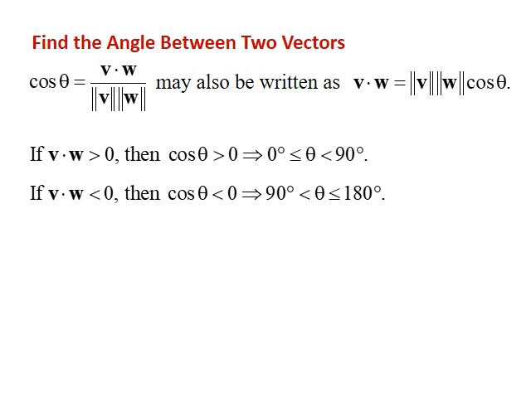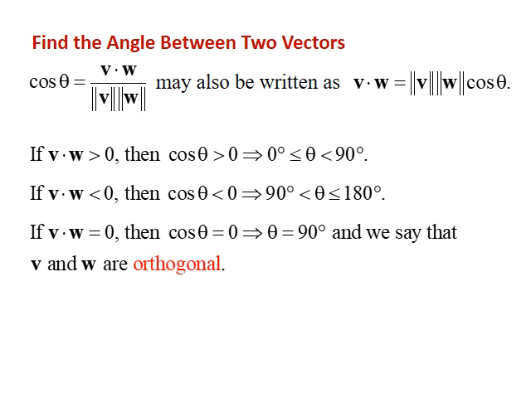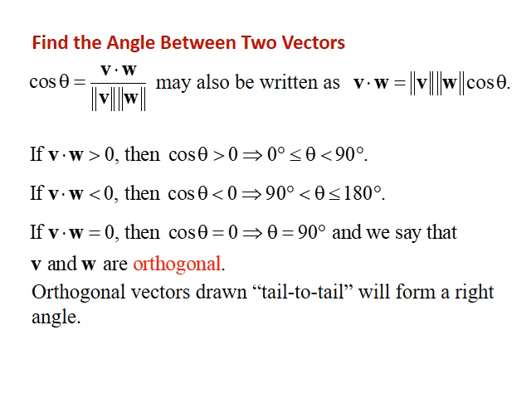This slide just tells you a little bit about some things that we will see. It talks about the dot product and what the angle will end up being between. But one thing that is important is if you get a dot product that is equal to 0, then you'll find that theta is 90 degrees.